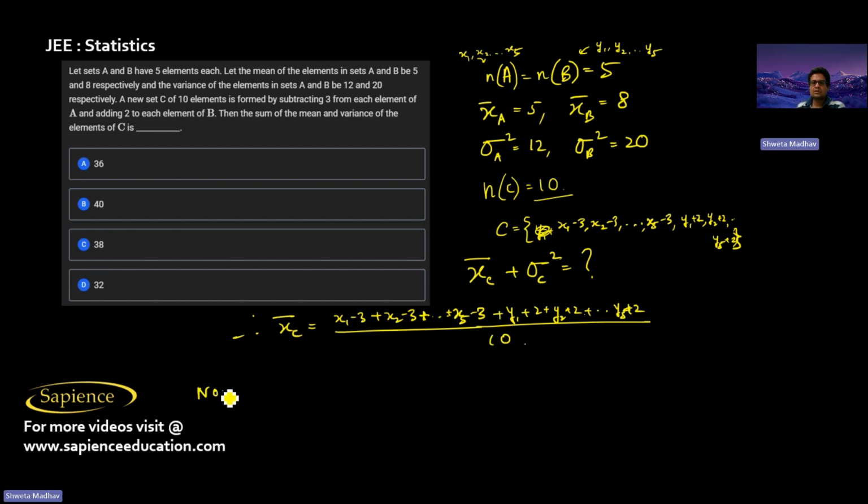It is given that the mean of the elements in A is 5.